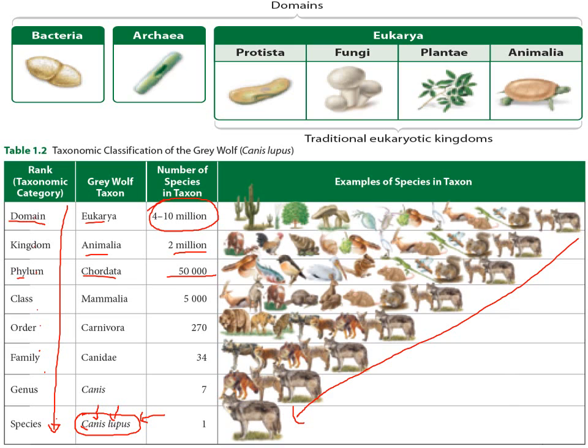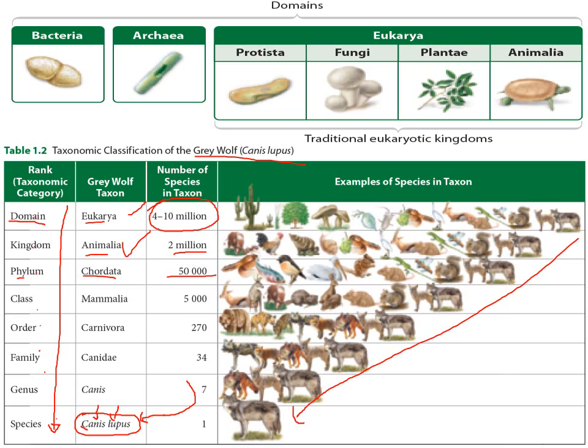So this picture here is the taxonomic classification of the gray wolf. We basically tell you its domain, its kingdom, its phylum, its class, its order, its family, its genus, and its species, and then using that information, you can figure out its scientific name. The way we classified the wolf is based on those various characteristics that we studied throughout this presentation. We know it has eukaryotic cells.